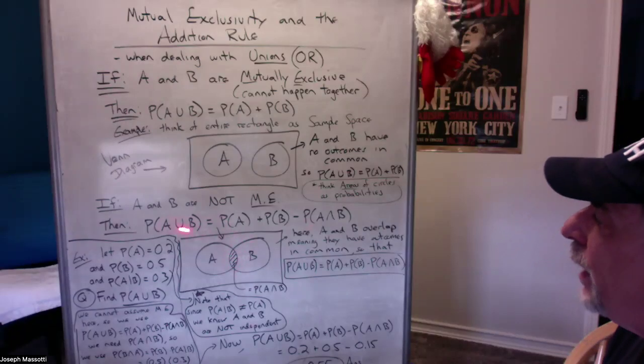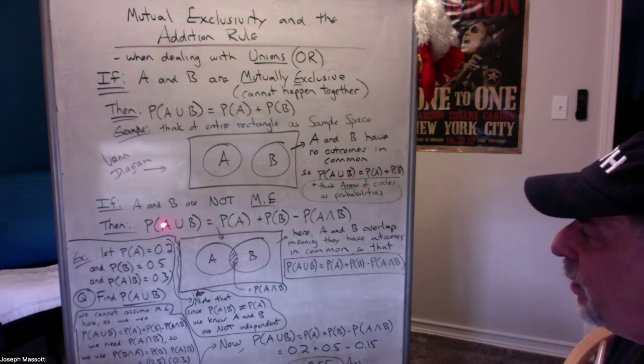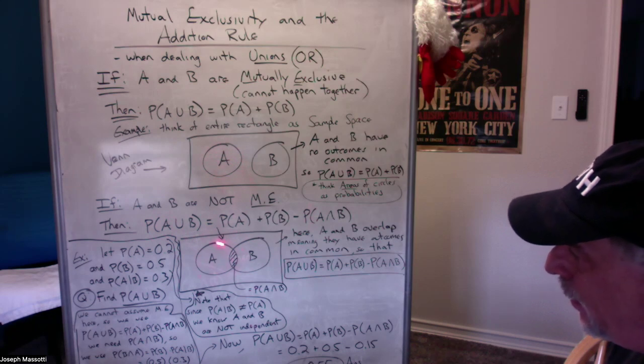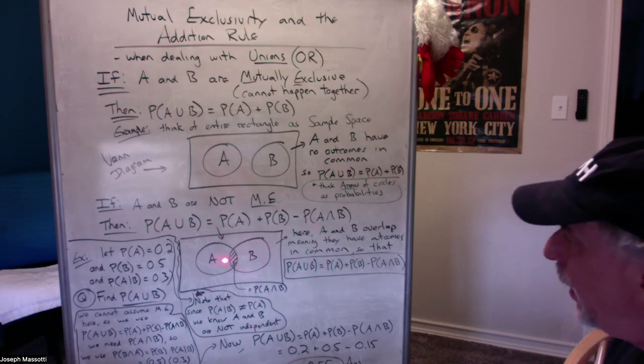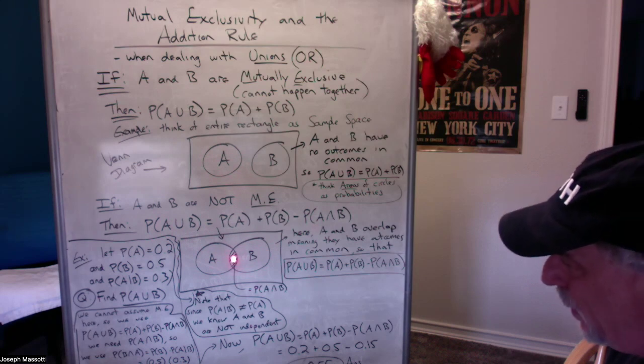All right? So now if we go to the formula for the union, if I want to know the probability of either A or B happening, just like we did here, I'm going to take the area or the probability of event A and add it to the probability or area of event B. But notice when I do that, I'm counting this overlapping part twice, right?